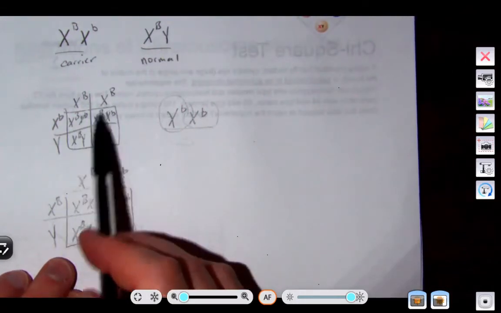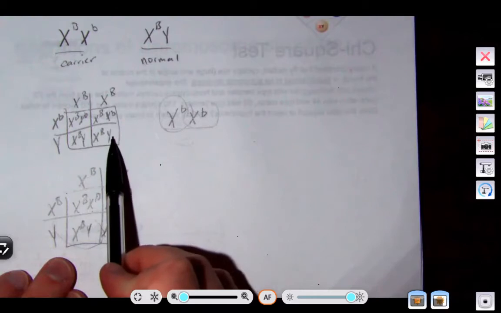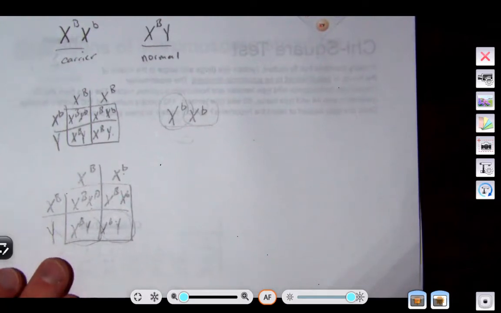Whereas up here, it was 50% carrier, 50% normal male. So this is what a lot of these end up looking like, and their probabilities are a little different.